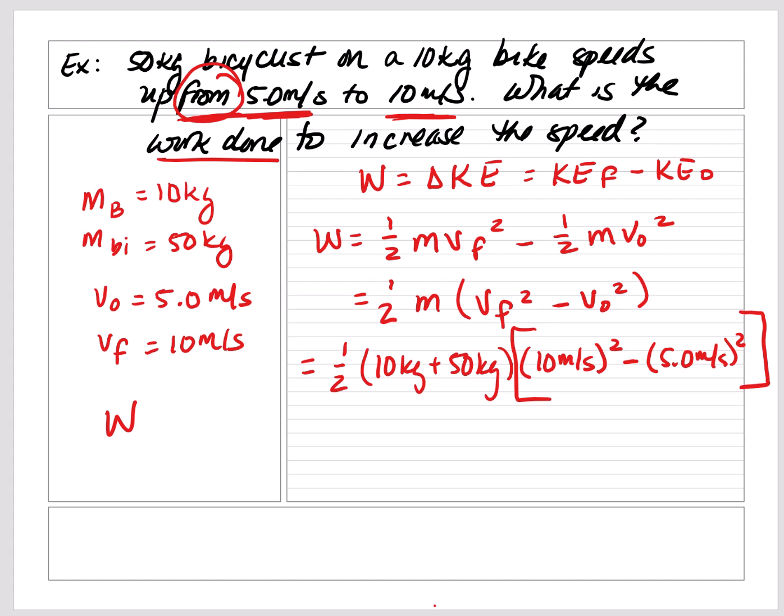Now I'm going to simplify. So this is 1/2. 10 plus 50 is 60 kilograms. Now I need to do my parentheses work here. 10 is squared, so that's 100. Minus 5 is squared. You must square first before you subtract.